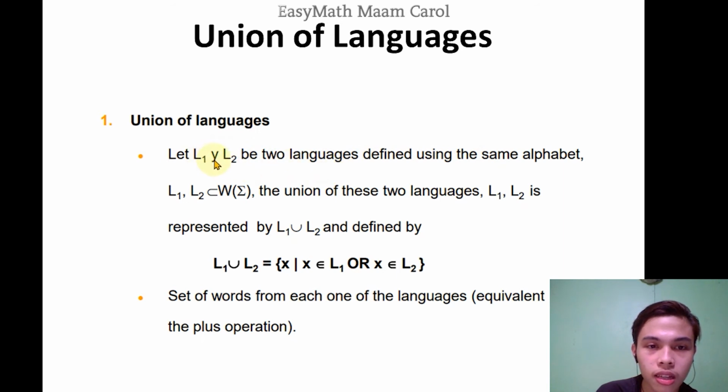I think there's a typographical error here, so this is plus or union maybe. The union of these two languages, L sub 1 and L sub 2, is represented by this symbol and defined like this. It is the set of words from each one of the languages, equivalent to the plus operation.